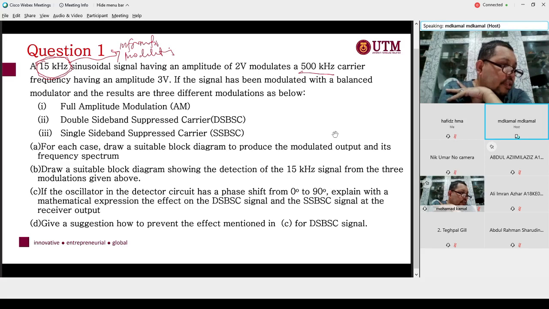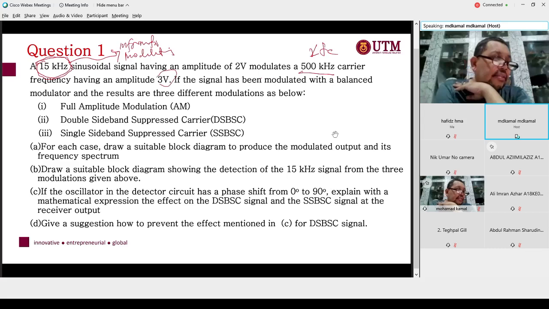Sometimes I don't mention whether it is the modulating or information. So a 15 kilohertz sinusoidal signal having amplitude of 2 volt modulates here. So this is a carrier, a 500 kilohertz carrier frequency having amplitude.